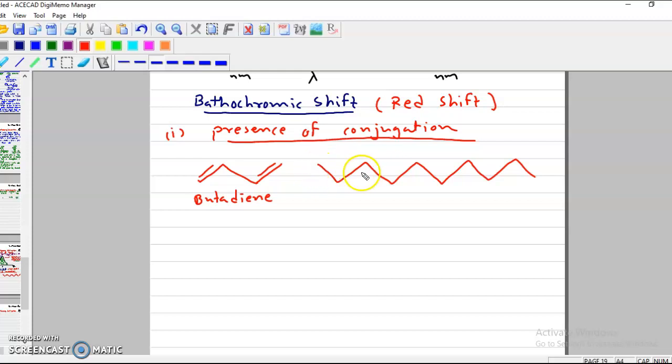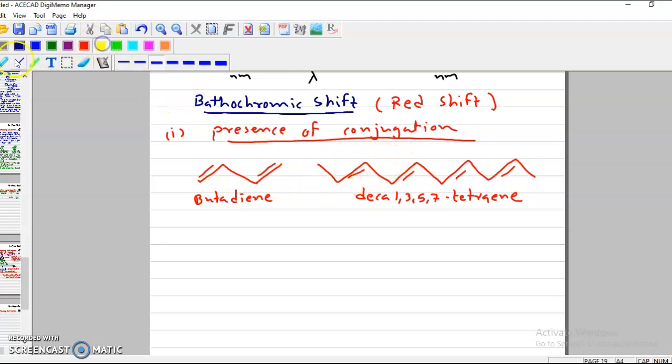In this one you will find 1, 2, 3, and 4 pi bonds and a total of 10 carbons. So we call it deca-1,3,5,7-tetraene, or in short decatetraene. Now both have conjugated double bonds.